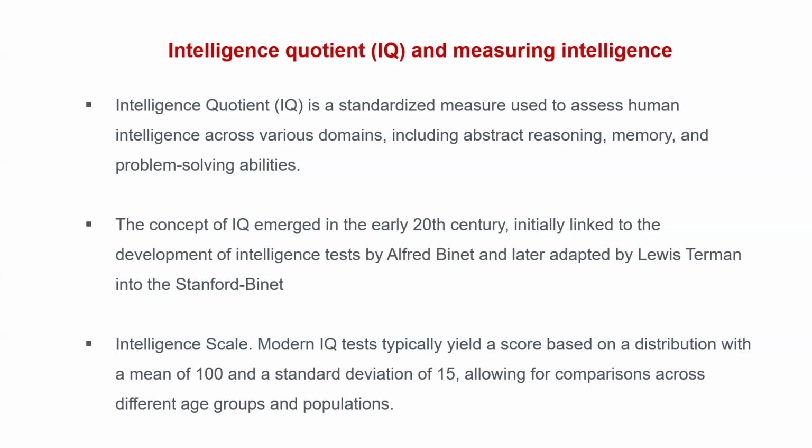They are the people who created this. A modern IQ test typically yields a score based on a distribution with a mean of 100 and a standard deviation of 15. Now you know what is mean and what is deviation. Standard deviation allows for comparisons across different age groups and different populations.